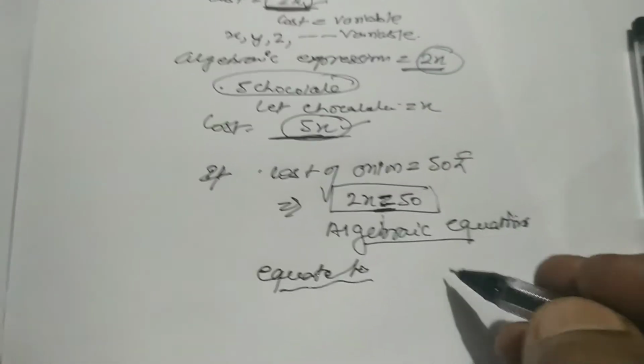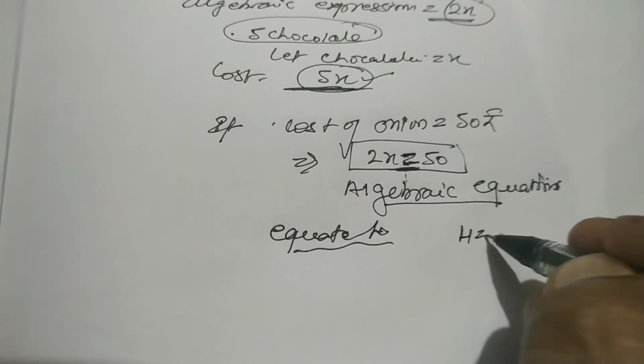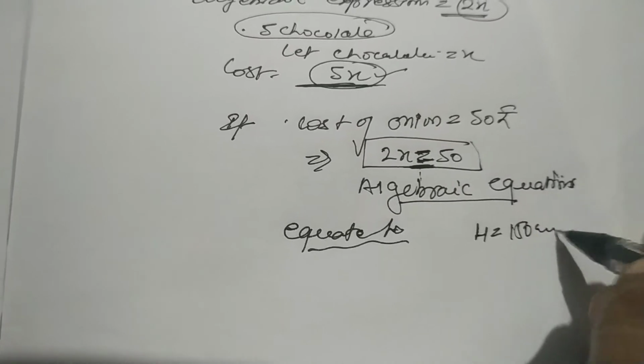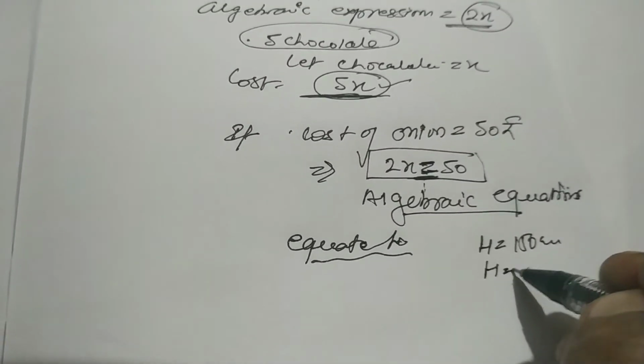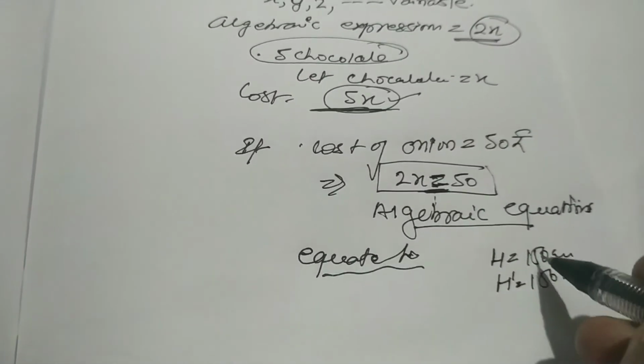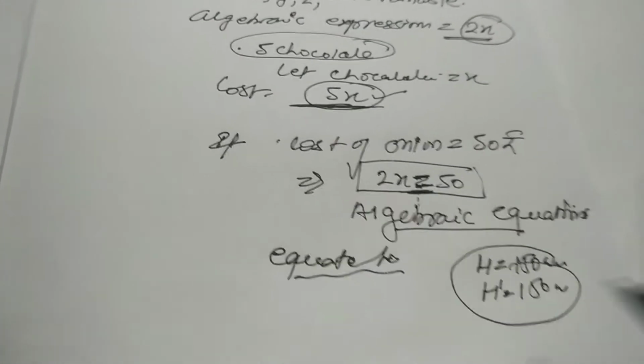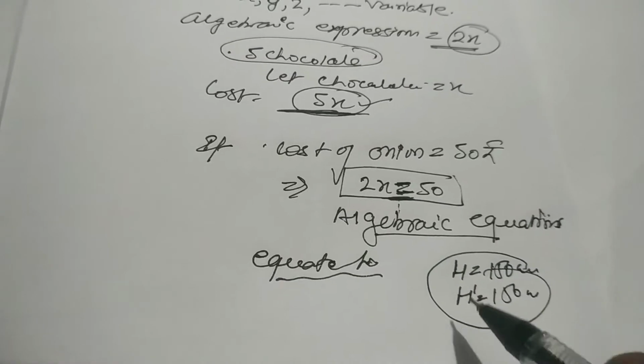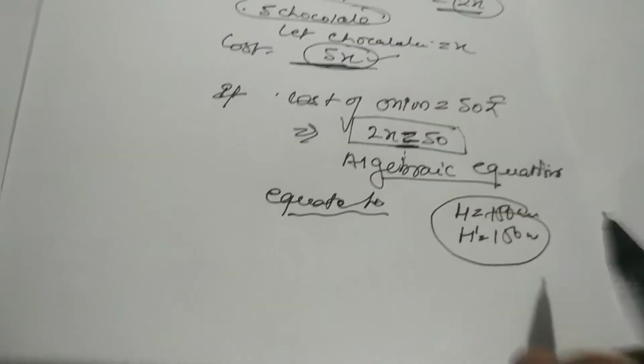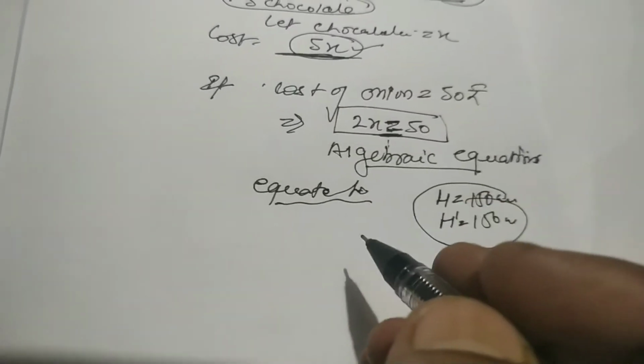Like if two students' height is 150 centimeter, and you compare the heights of these two students, they are equal. Both are equal, right? This is called an algebraic equation.